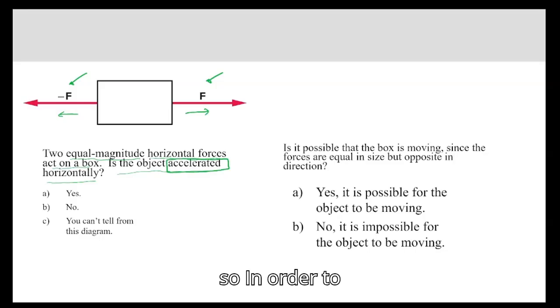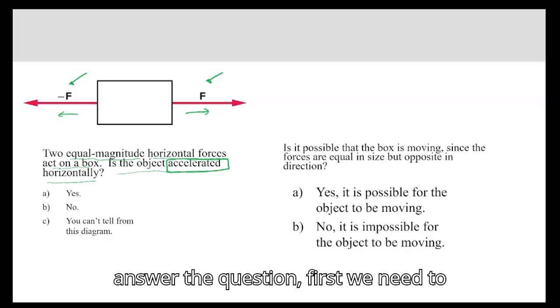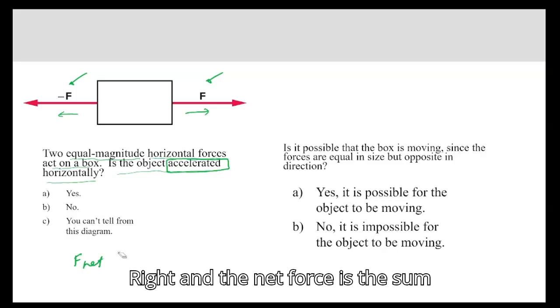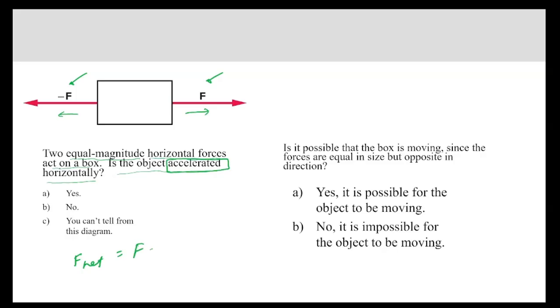To answer the question, first we need to know the net force, which is the sum of all the forces.